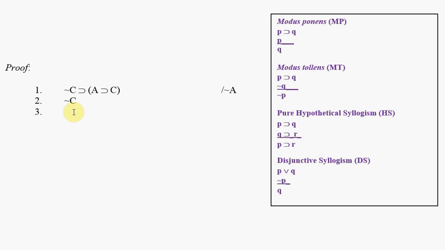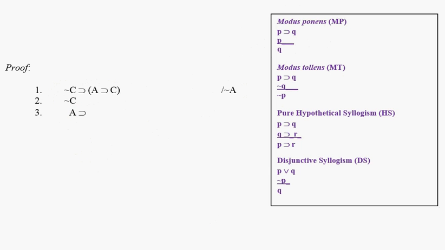So for line 3, we can derive or deduce Q, which in this case is this whole proposition if A then C. So we can write if A then C. This time we can get rid of the parentheses because we only needed the parentheses to separate that consequent from the antecedent. So now we could get rid of the parentheses.